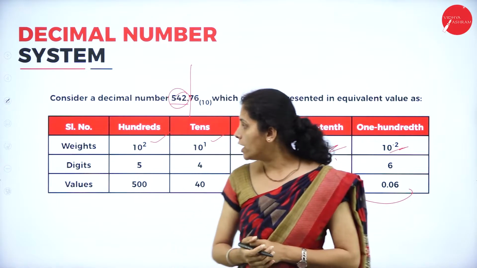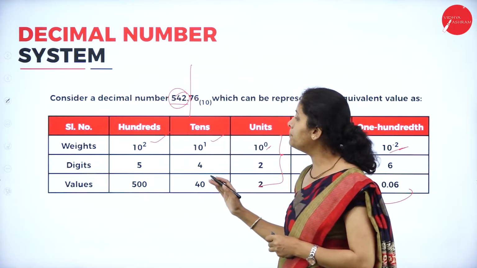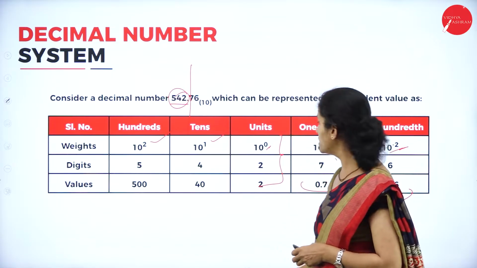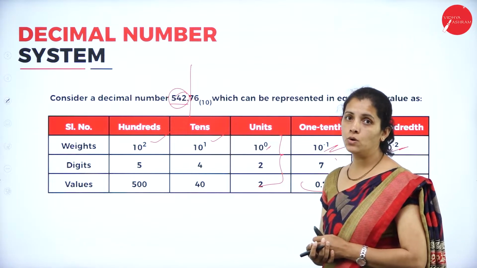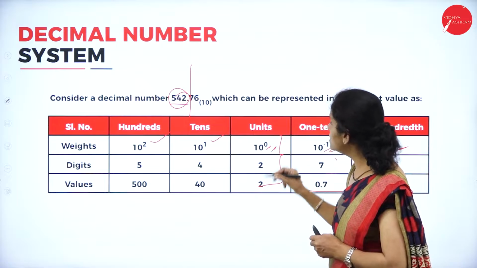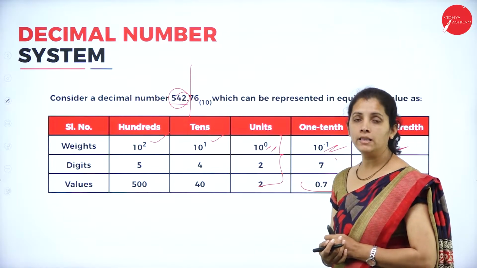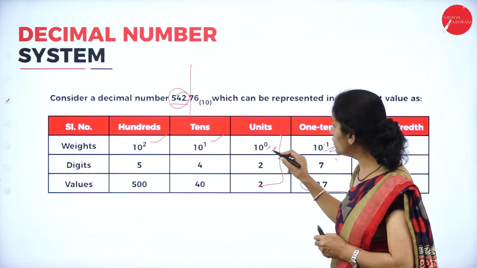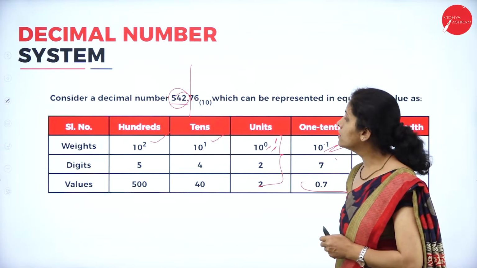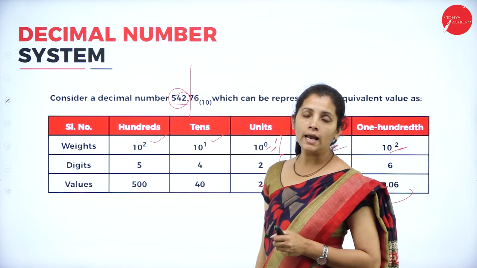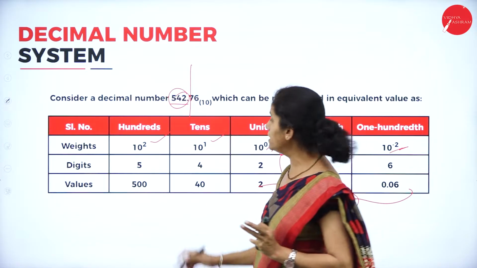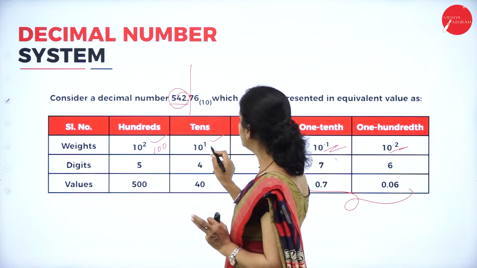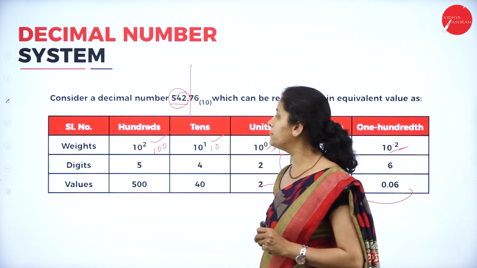Okay, now I'm going to multiply all these numbers. For example, 10 to the power 0, what is the value? By the mathematical property, I get the value 1. Now, 10 to the power 1 is 10. 10 to the power 2, 10 into 10, is 100. And I'm going to multiply.